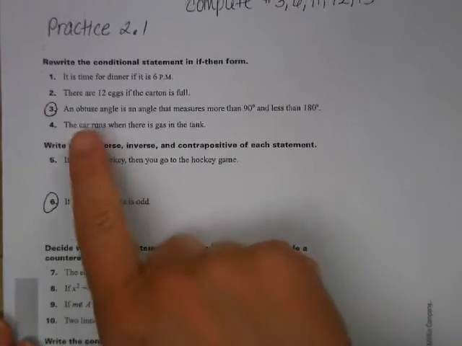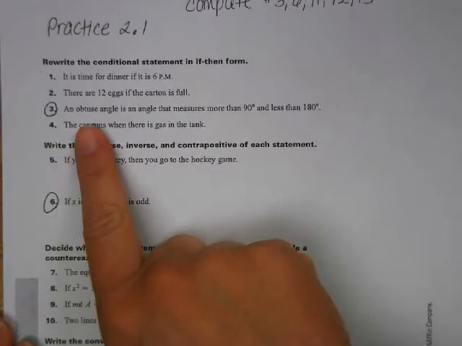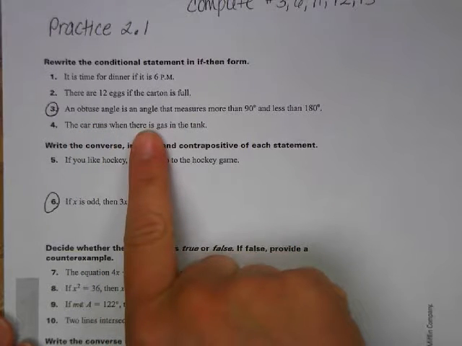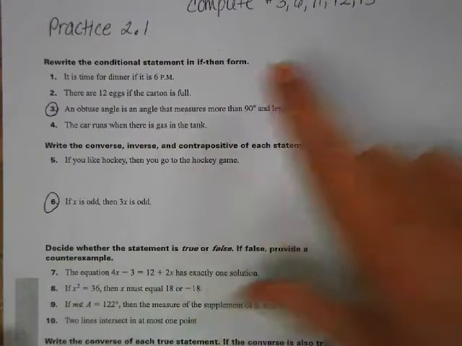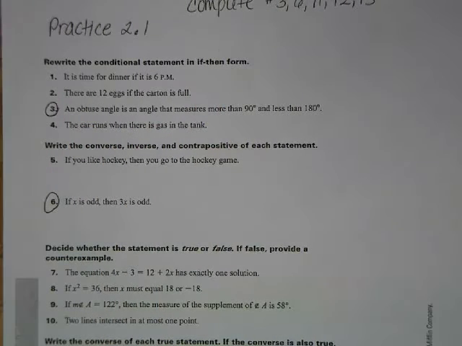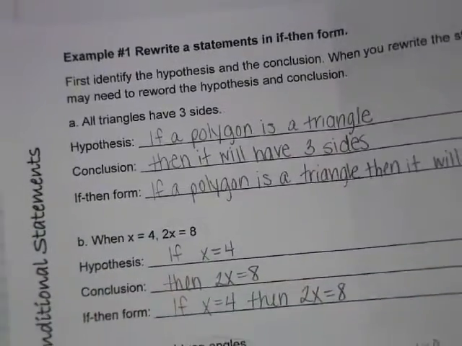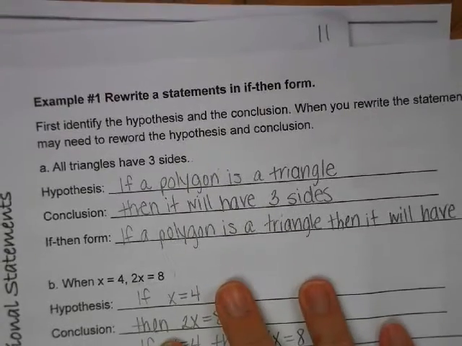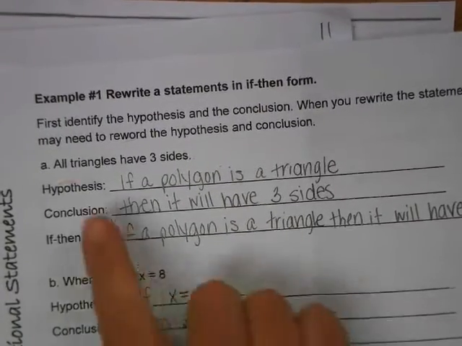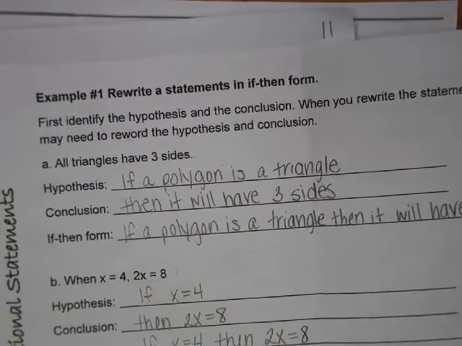So number 3, you're just going to write the definition of an obtuse angle in if-then form. So that's basically what we did on page 11 in your notes. Okay, you're just taking a statement and you're going to write it in if-then form.